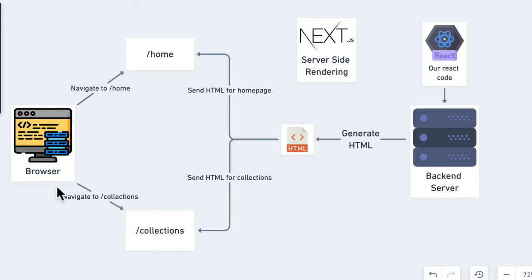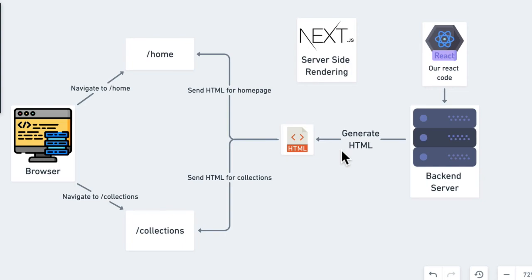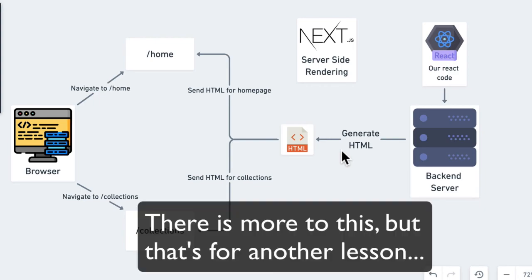So whenever the user navigates to another route, for example, like our home, then this will communicate to our backend server that they need the HTML related to home. So the server will start to generate using our React code the actual HTML required. And this is way more robust because our backend server is more powerful and it's capable of generating it really quickly compared to our browser. So you want to use Next.js when you need to build a really robust and large website that might end up having really complex logic to build out your views.